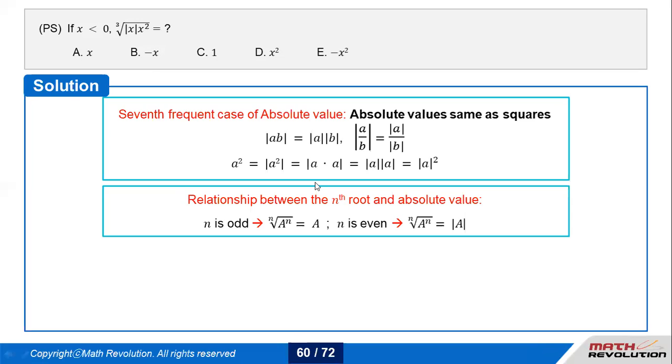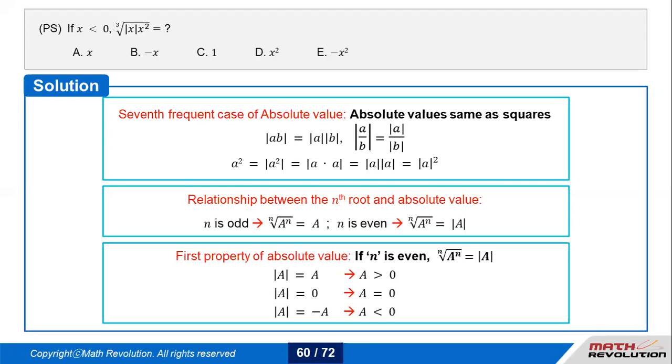The first rule was nth root: even n power gives its modulus, odd n power is the same number. But how do we break it? Because we have a modulus x and then x square, that's under a radical sign of cube root. And then we have the first property. So all these applications have to be done.